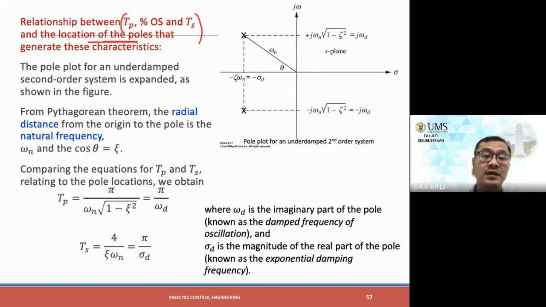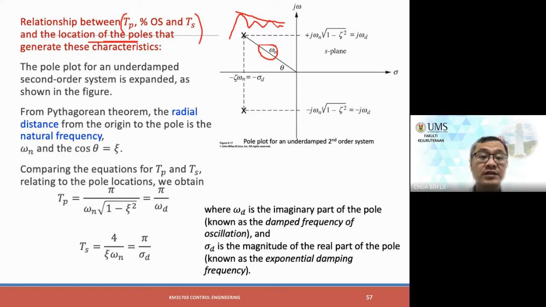Therefore here is the so-called relationship between the S plane and the damping ratio and the natural frequency. So from the Pythagoras theorem here, remember we may have a so-called complex pole, right? To represent this system would be like this, the underdamped system. So the length of this would be represented by the natural frequency.